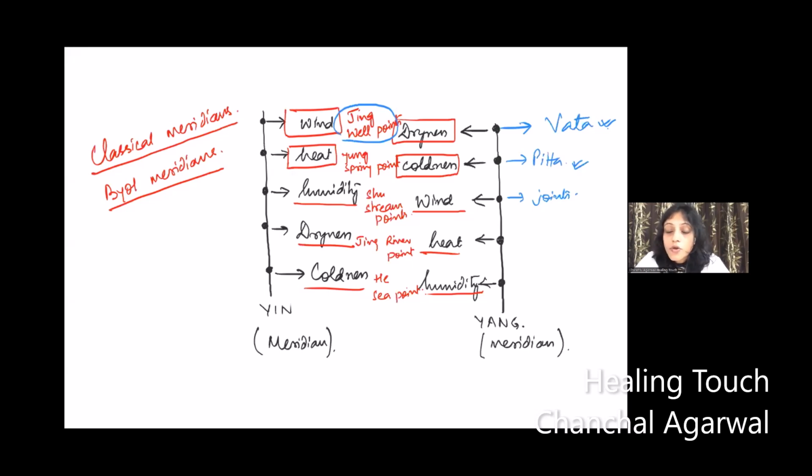Deposition. So all the joints have synovial fluid, some viscous fluid in it. Also there is mobility. घुटने का एग्जांपल ले लो, घुटने में फ्लूइड कम हो जाए या मूवमेंट कम हो जाए, दोनों ही कंडीशन में तकलीफ है. So humidity and movement. Wind is what? Movement. So it's a combination. So any joint related problem you can choose Shu stream point.